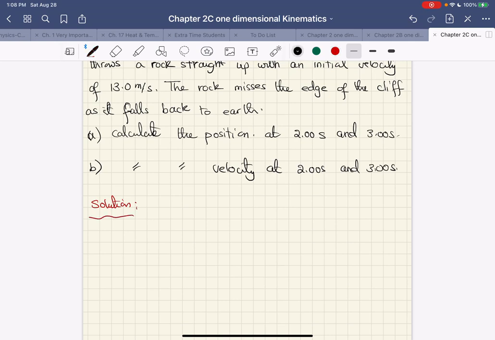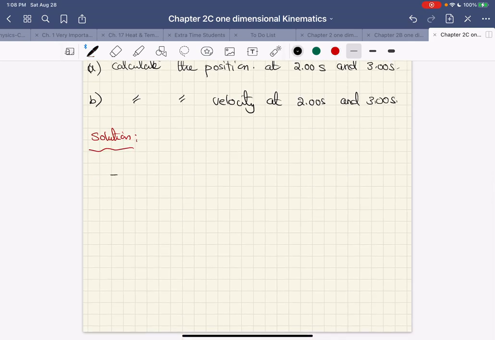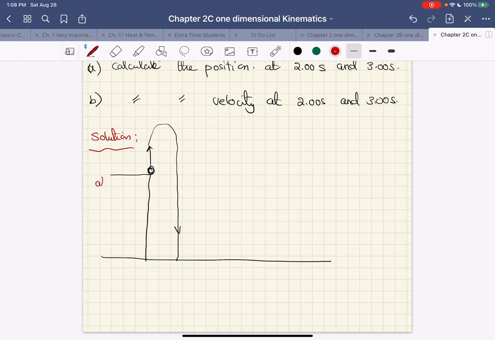I am on top of a cliff, or on top of a building, and I will throw the thing up. It's going to go up and it's going to go down like this. I like always to have my origin here, to have my y initial equals 0.